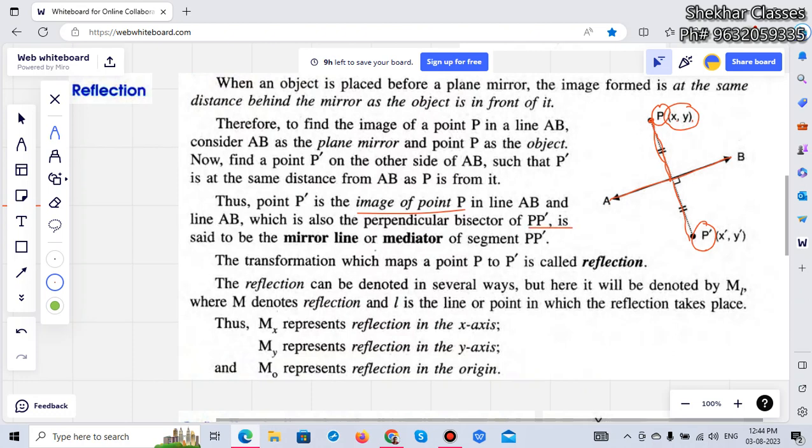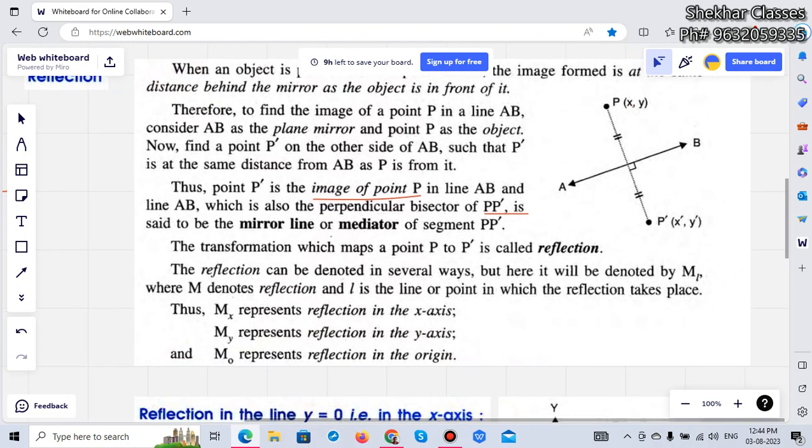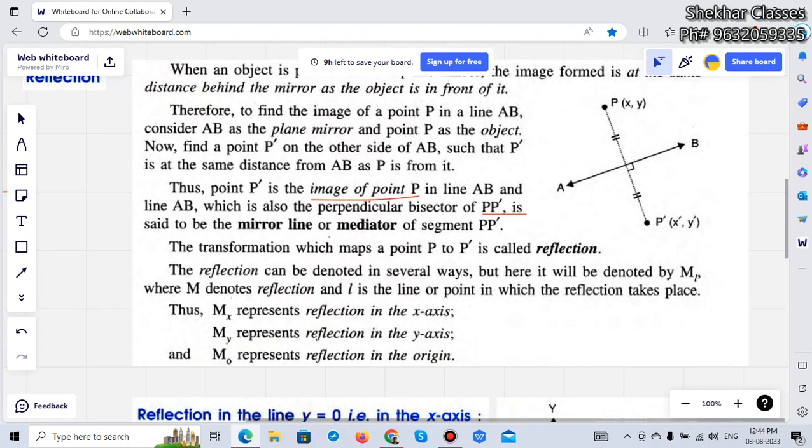When we talk about a perpendicular bisector, what is it? It is a line which bisects, meaning divides, AB into two equal parts, and it is perpendicular as well. We just need to understand where the image is formed. Obviously it is on the perpendicular bisector that the image is formed.